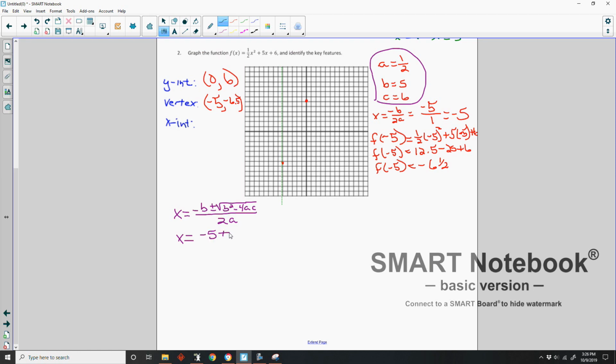Negative 5 plus or minus the square root of 5 squared is 25, minus 4 times a, which is 1/2, times my c, which is 6. This is all over 2a. Well, 2 times 1/2 is 1, so I don't have a fraction. So the answer is negative 5 plus or minus the square root of 25 minus, well, 4 times a half is 2. 2 times 6 is 12. 25 minus 12 is 13.